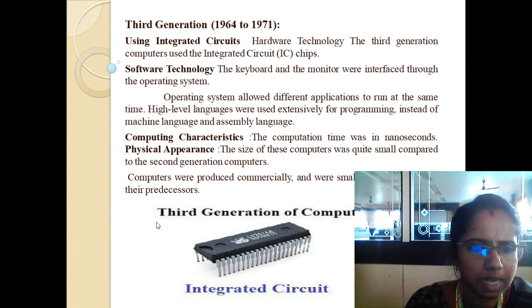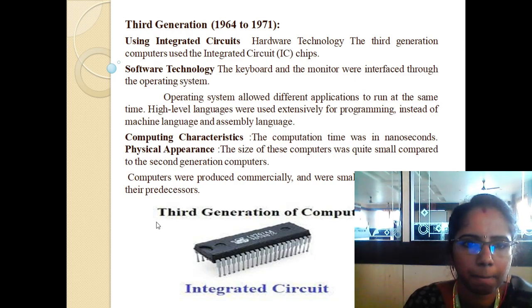Here, thousands of transistors and other electronic components are on a single crystal. The operating system allowed different applications to run at the same time. High-level languages were used extensively for programming instead of machine languages and assembly languages. Computation characteristics: the computation time was in nanoseconds.